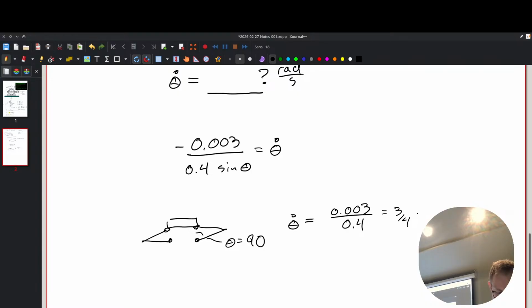And what would that be? Negative 3, negative 1, negative 2. 0.0075, yeah, nice.